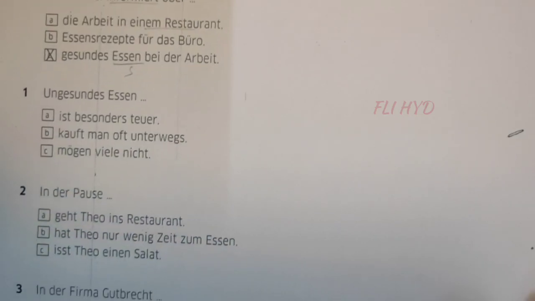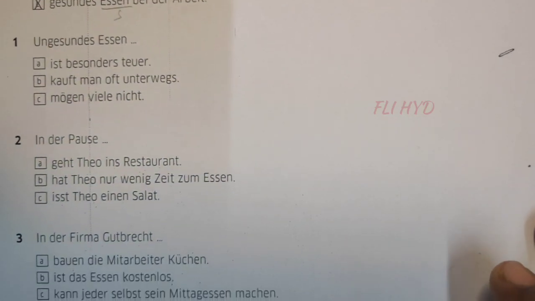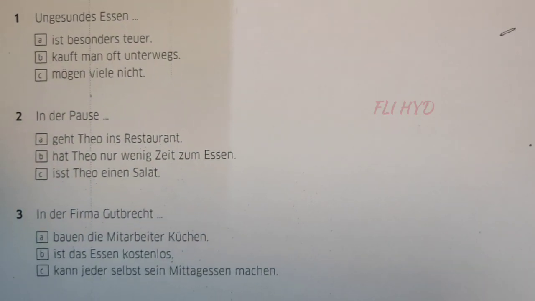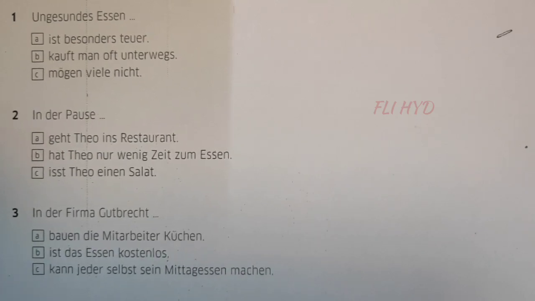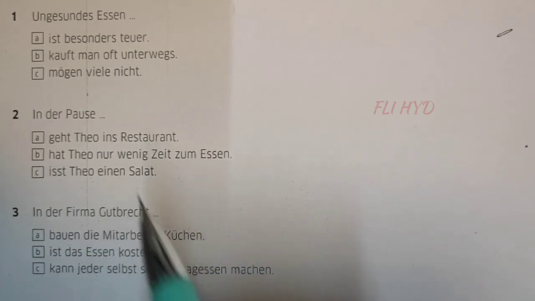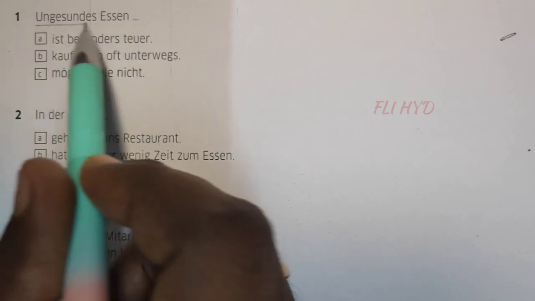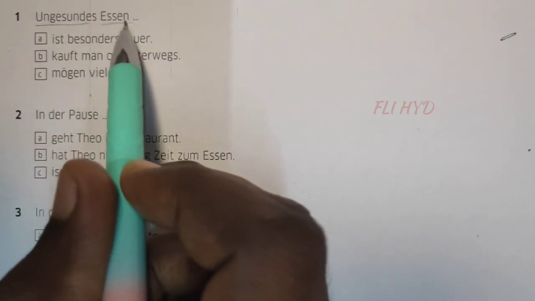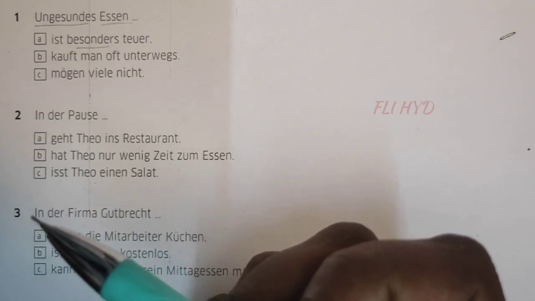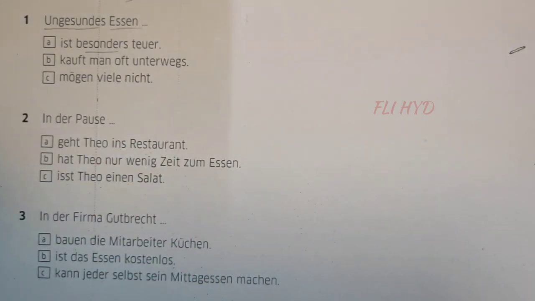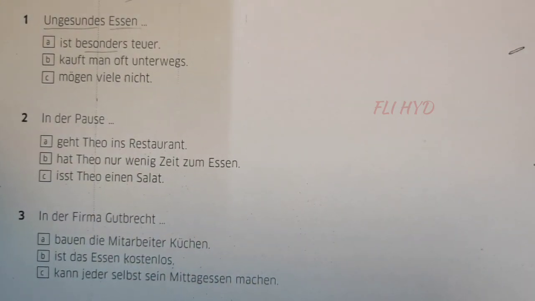Now check the options, check the questions. There are 5 questions. We'll read the questions one by one, then we'll come back to the text. First one, Ungesundes Essen. Gesundes Essen, healthy food. Ungesundes Essen, unhealthy food. Ist besonders teuer, is especially expensive. The unhealthy food is especially expensive.